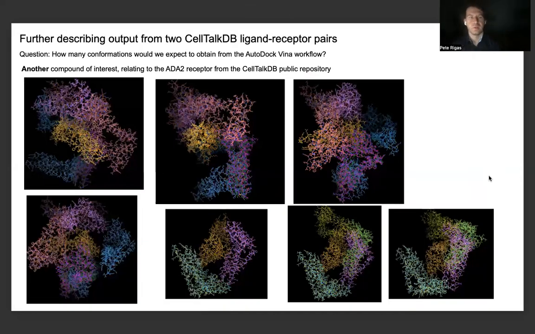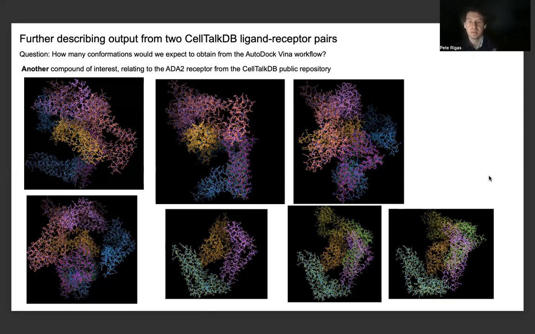And we can also further describe, before we provide the actual numerical approximation of the binding affinity for one of the compounds, another potential compound of interest, relating to the ADA2A receptor, or I'm sorry, the TNR6 receptor, which is provided in the CellTalkDB repository, in which we can ask how many conformations we would expect to obtain from the AutoDock Vina workflow for a different compound of interest.